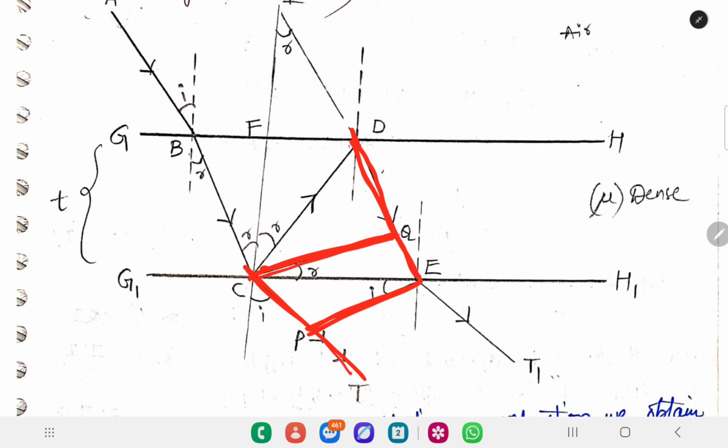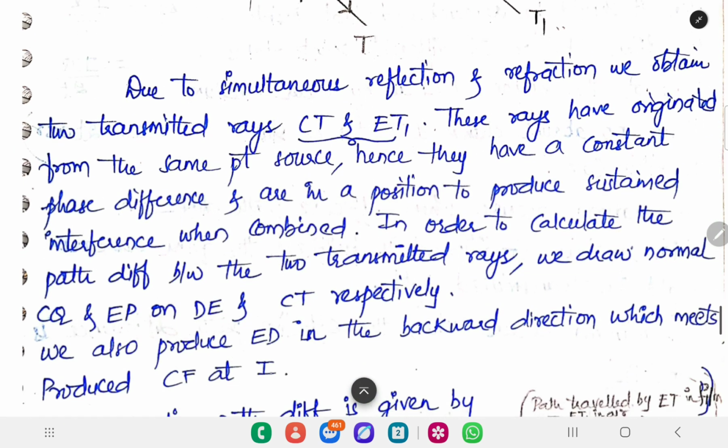We also produce ED backwards like this. So this is about the diagram. We have to find the path difference between these two transmitted rays, as written here.